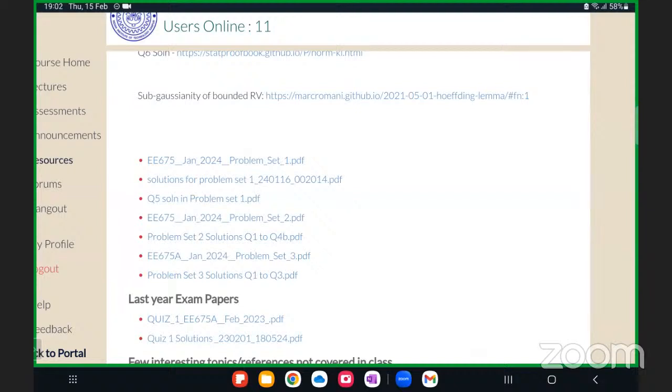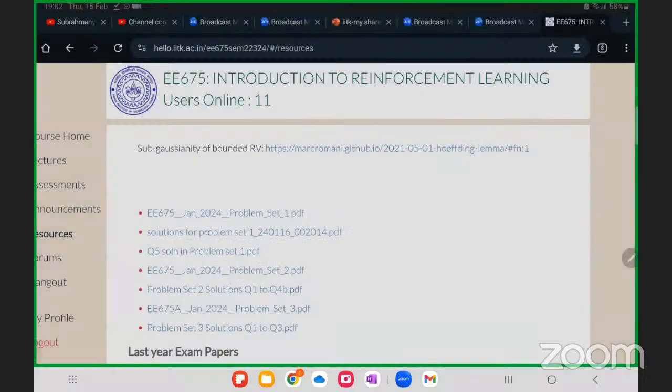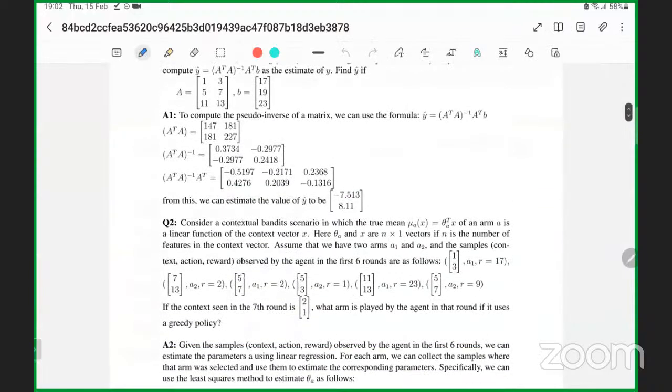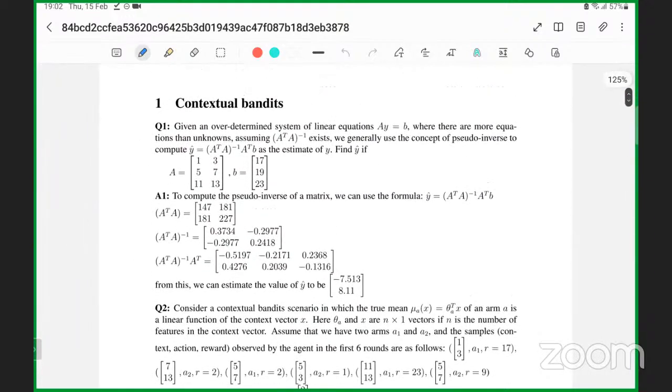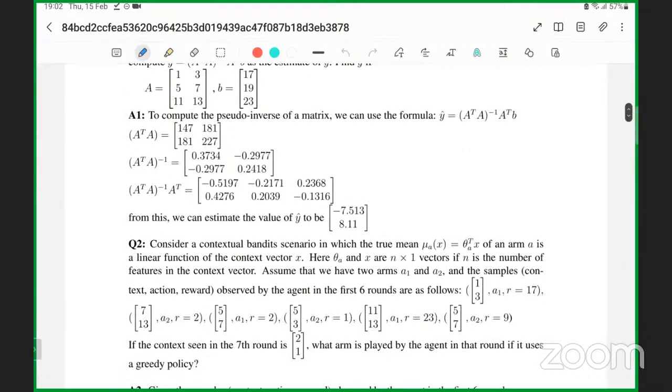Question 2, problem. If you remember, the arms are like this, right? So every arm has parameters to learn.